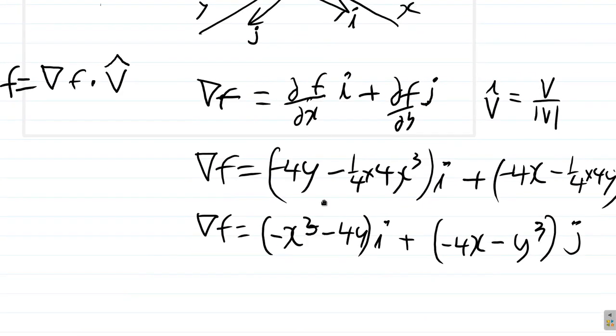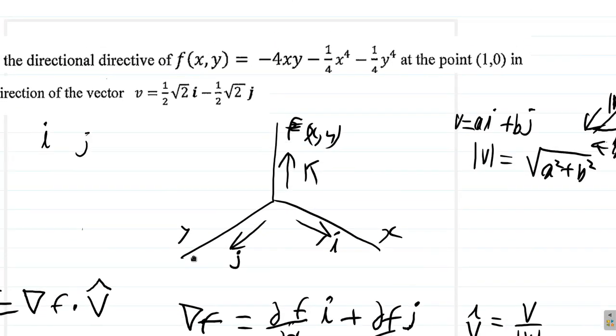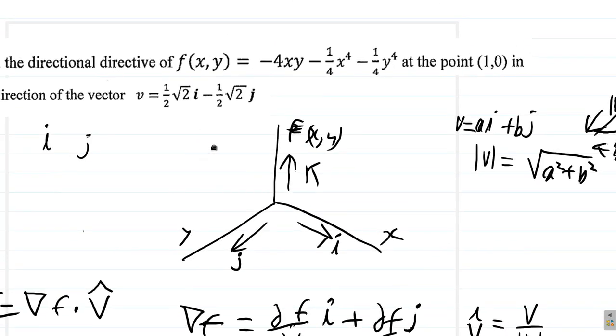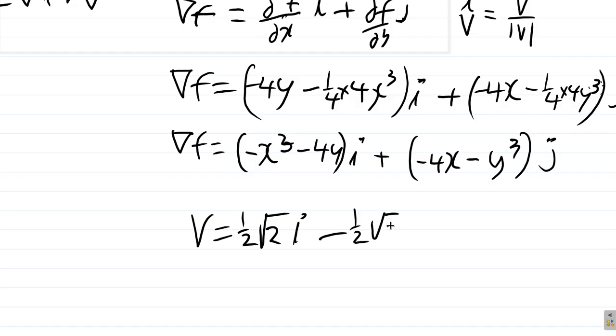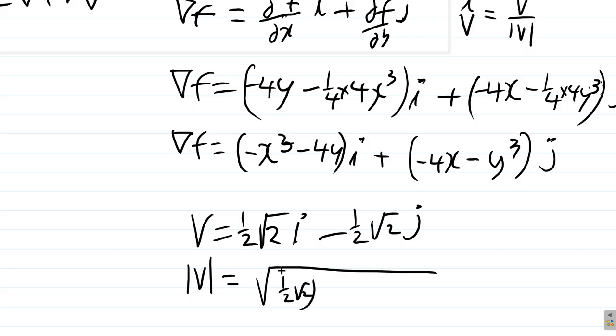And then this now, the unit vector. What is the unit vector? Let's write back v. v is half square root of 2 i minus half square root of 2 j. So the magnitude of v is going to be the square root of half square root of 2 squared, plus negative half square root of 2 squared.